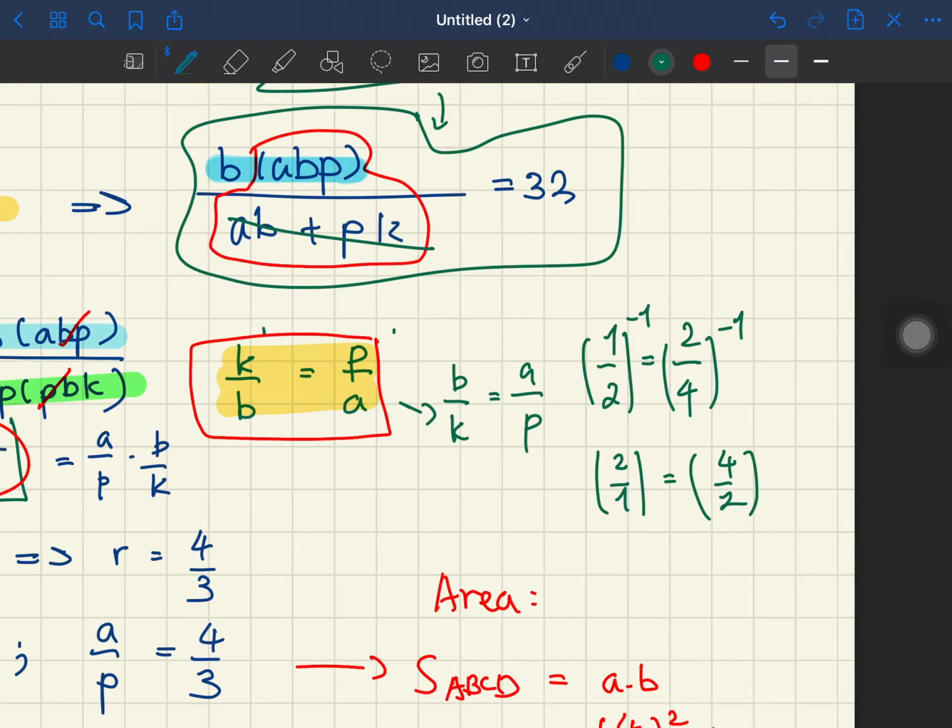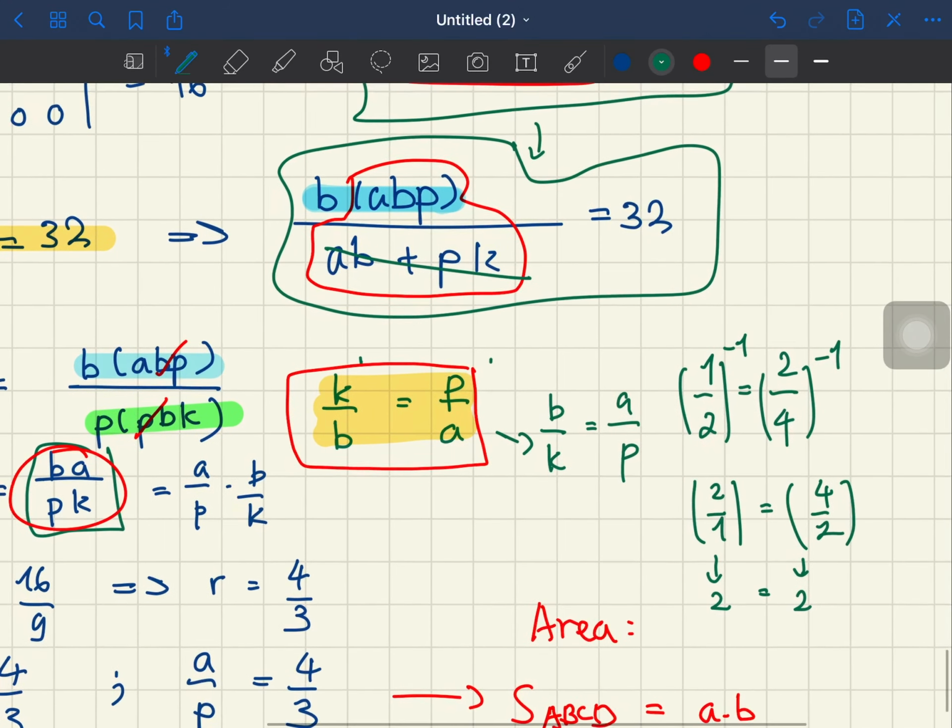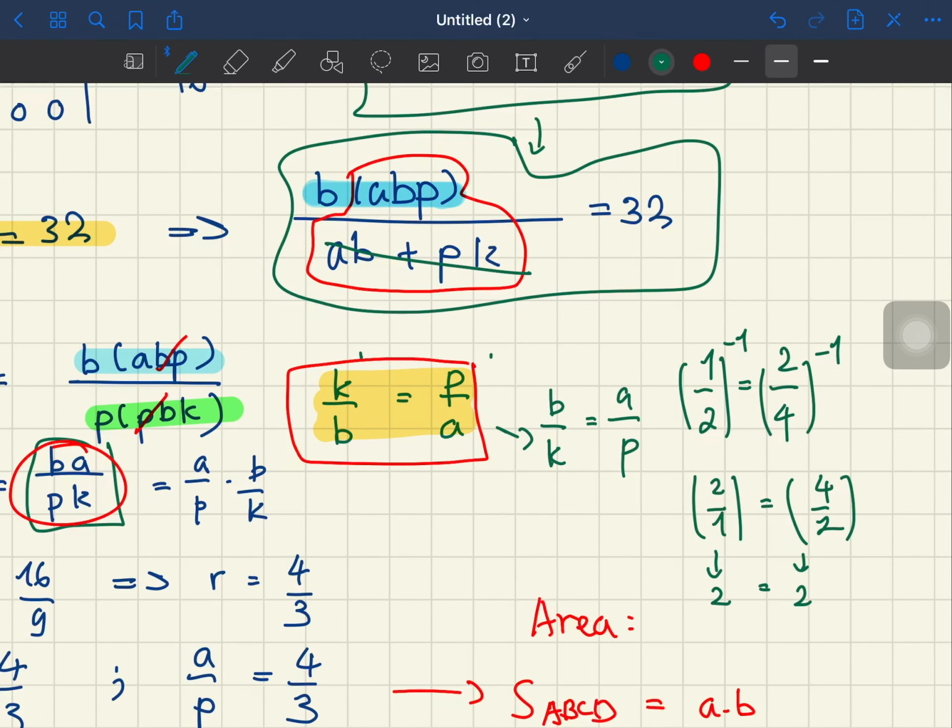So when you turn these numbers upside down, you will get on the left hand side 2, right hand side also 2. It doesn't matter as long as they are fractions and they are equal to each other. And so you can just get this one finally.